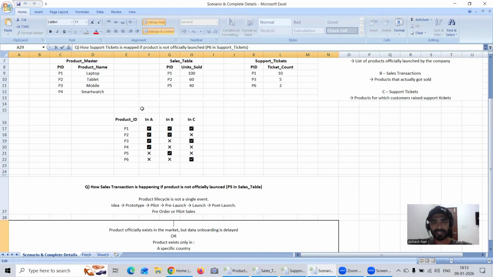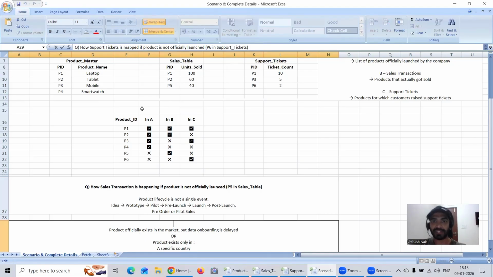Let's say right now it's January, and last year in December they launched somewhere around the 10th December. Let's say this product master had to be refreshed in the month of January, because it's the end of the quarter. That's why the product master never got updated, maybe.